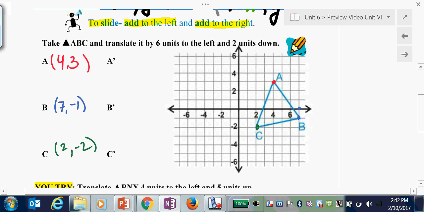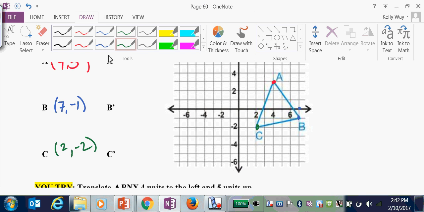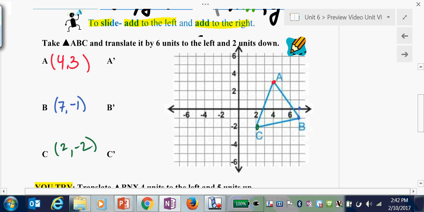We are going to translate by 6 units to the left, then 2 units down. So technically, when you go left and down, we subtract. For all the x coordinates, we're going to -6, and all the y coordinates, we're going to -2. Why? Because left is negative and down is negative.